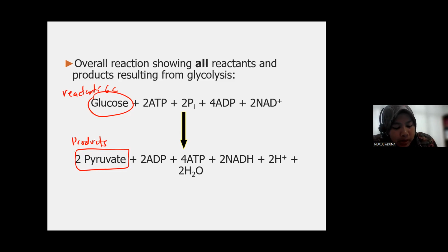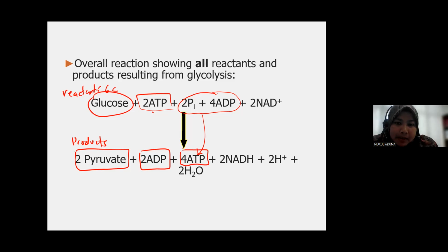So remember, we have used 2 ATP, and these 2 ATP kita guna and dia akan tukar kepada 2 ADP. And then daripada 4 ADP and phosphate yang kita dapat, kita gabungkan dan kita akan dapat 4 molecules of ATP. 2 NAD+ that we use, now dia akan membentuk 2 NADH, and also 2 molecules of water.